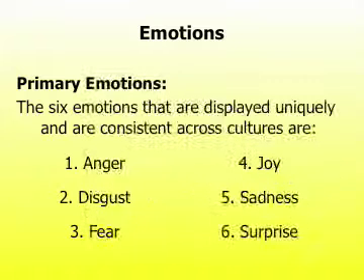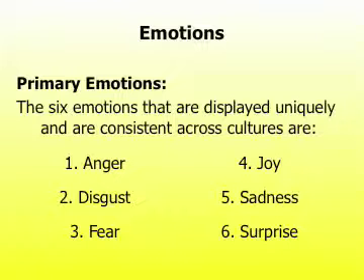But before we go on, let's talk about this idea of primary emotions. Scholars agree that across all cultures, 6 emotions are displayed uniquely and consistently. The 6 are anger, disgust, fear, joy, sadness, and surprise. Now you might be wondering, where's love in this?